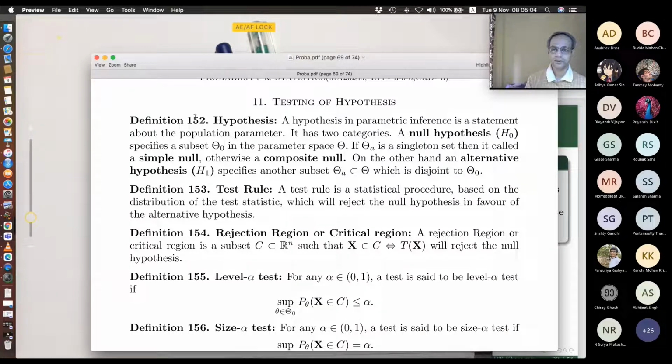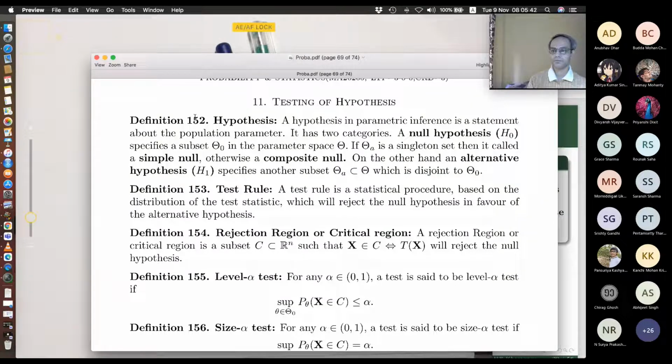So in general, hypothesis is a conjecture about maybe certain phenomena or certain population. In statistics, by hypothesis we mean stating some property of the population. And the property we want to mention through hypothesis must be a measurable property.